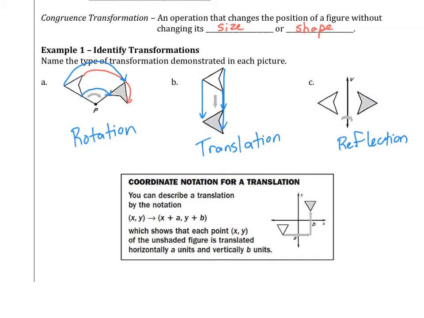Each of these actually has rules. A translation is going to be adding or subtracting something to the x or the y coordinate. So it's going to be x plus a number and y plus a number.